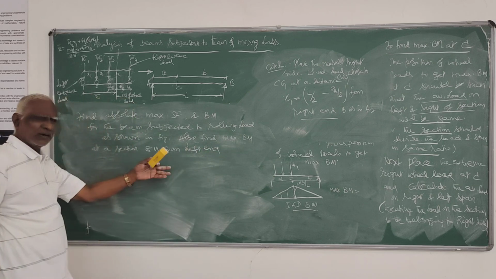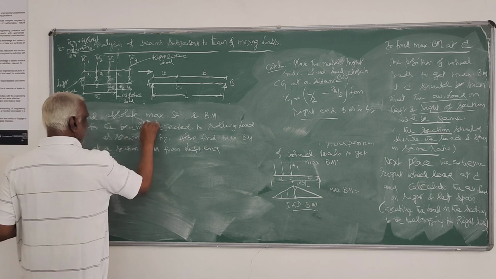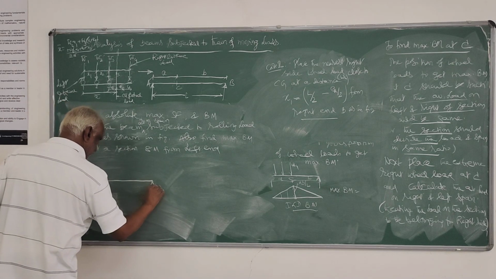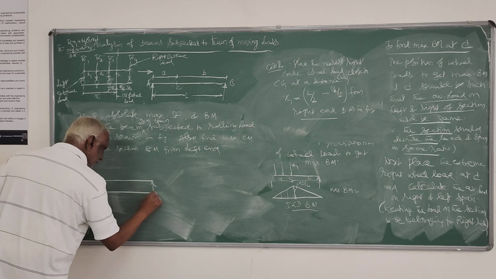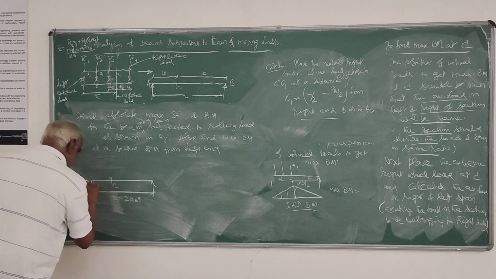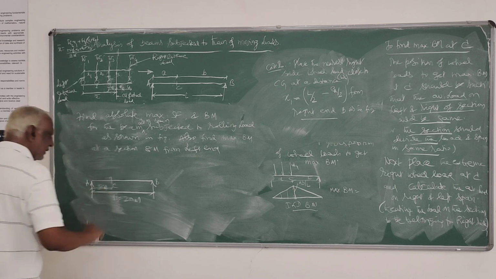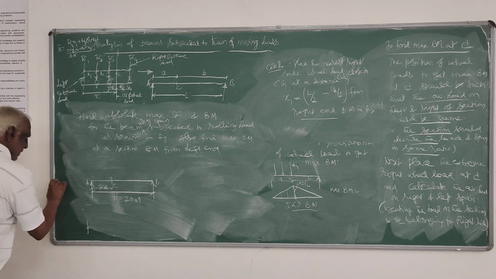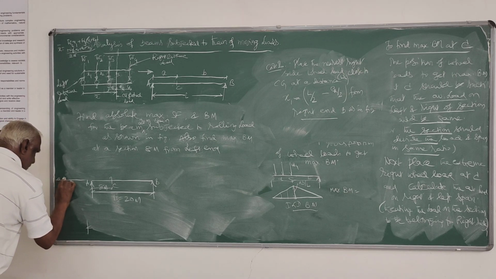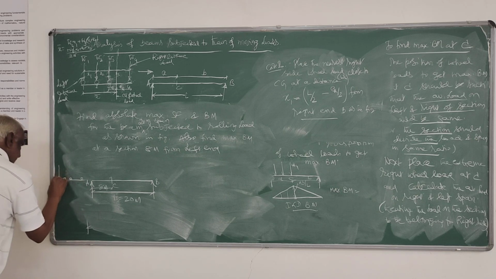Same, maximum bending moment and shear also you can find. So for a beam of 20 meter span, I will take a beam, L is 20 meters, and you have to find out at a section 8 meters from the left hand when it is subjected to a train of moving concentrated loads like this.